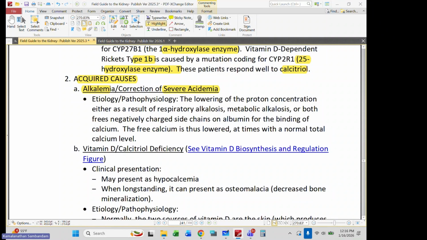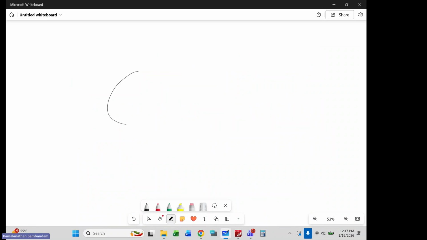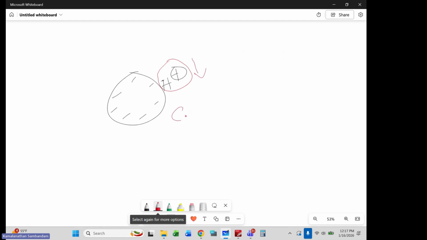So one major anion is going to be albumin, right? When I have alkalemia, I have less proton binding to the negatively charged albumin molecule, right? So this is normally occupied by protons. Albumin has an overall net negative charge. When alkalemia ensues, I have less proton available for binding, and so albumin starts to bind calcium. So ionized calcium can decrease in that scenario.